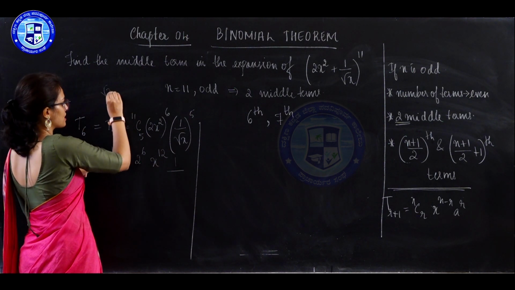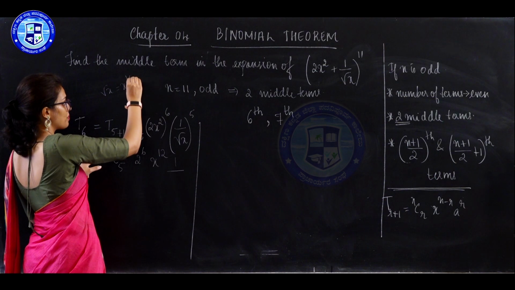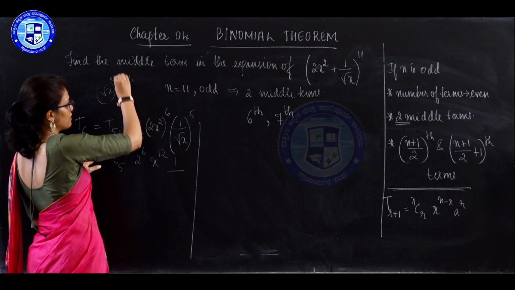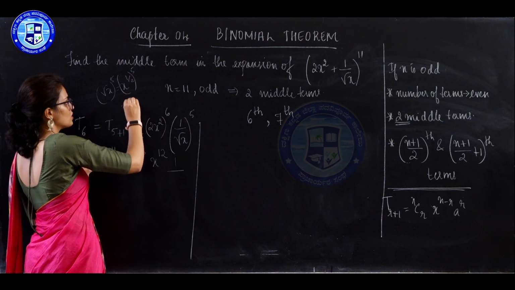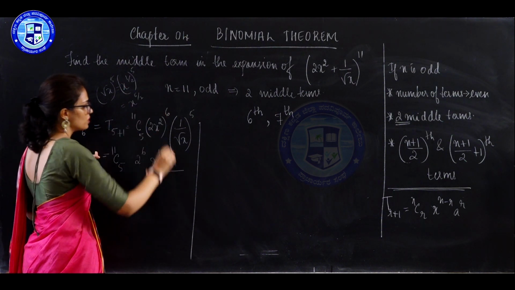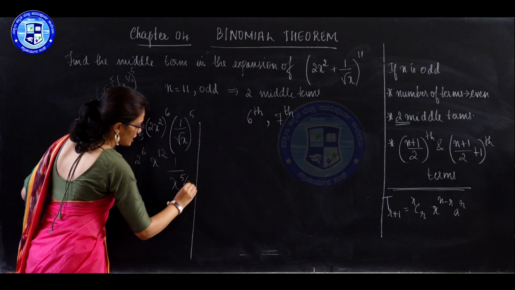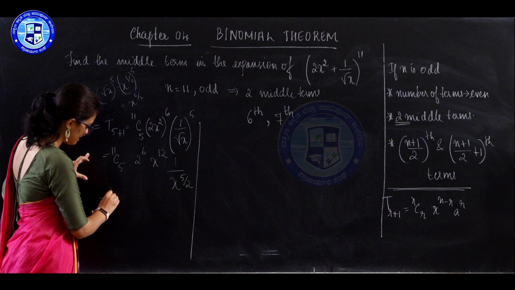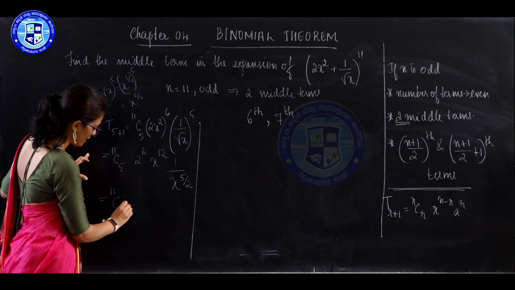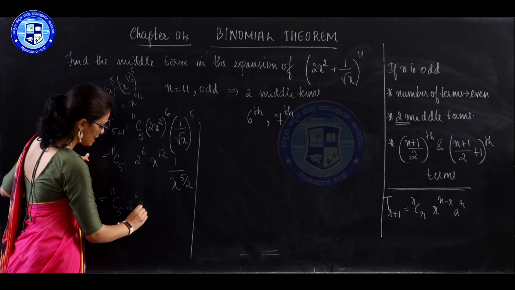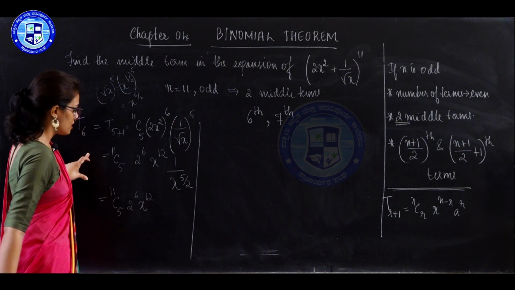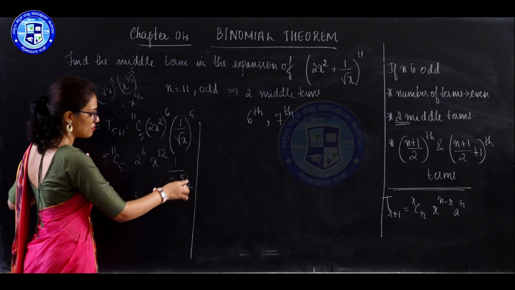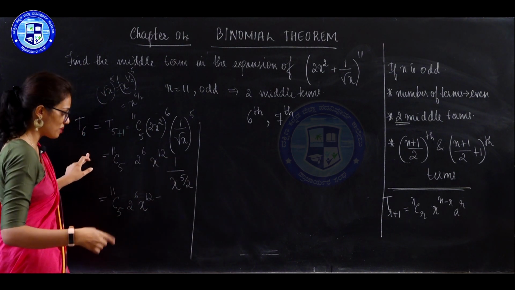what is this? We have root x. Root x can be written as x to the power 1 by 2. So, we have to the power 5, raise it to the power 5, so you will get x to the power 5 by 2 in the denominator. Let us simplify this. We have 11C5 2 to the power 6 x to the power 12 minus 5 by 2, since a power m divided by a power n is a to the power m minus n.